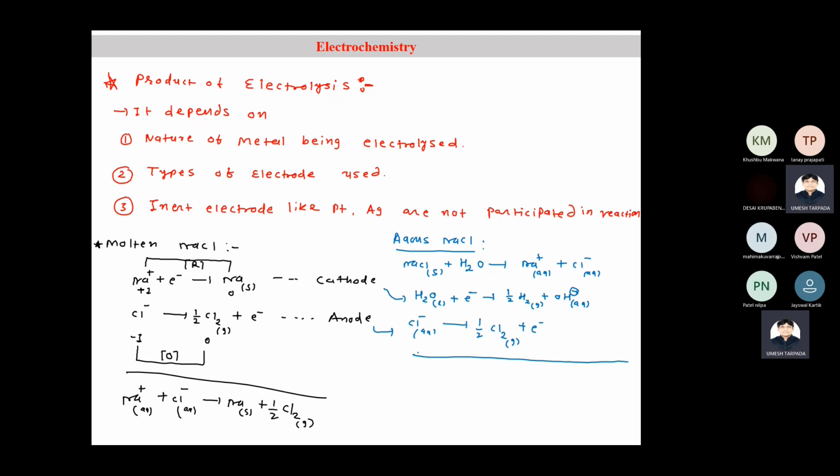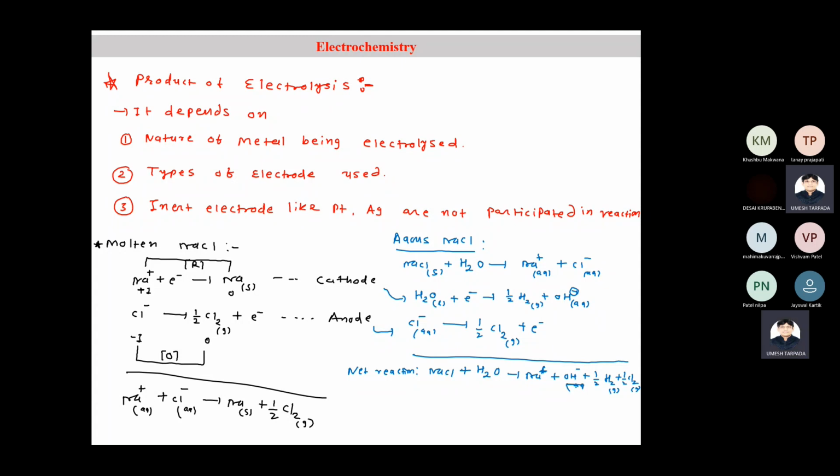So if you write down the net reaction, combine the three reactions. NaCl plus H2O, and the water used for hydrolysis does not need to be counted. It gives Na plus and OH minus plus 1/2 H2 plus 1/2 Cl2, since Cl minus cancels on both sides.